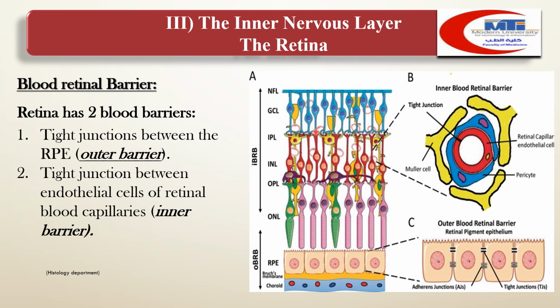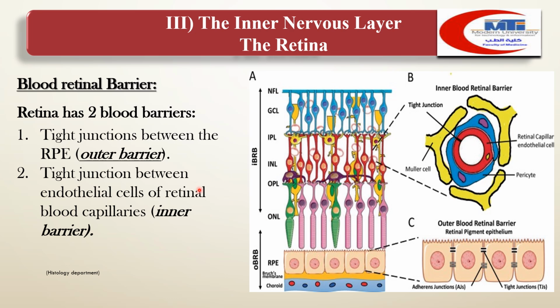The blood-retinal barrier. The retina has two blood barriers. The outer barrier is formed by the tight junctions between the retinal pigmented epithelium, and it limits escape of substances from the choriocapillaries to the outer part of the retina.